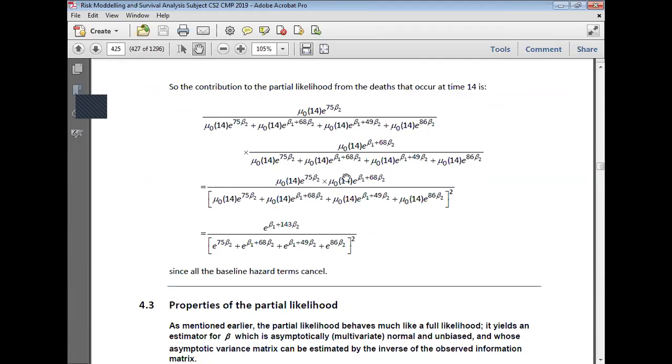Because we are multiplying this and this, you'll have 2 of these baseline hazards, and because we have a square here, you might find it convenient to take this mu014 outside as common and square that, and this will cancel each other out, and you'll be left with this thing. So you see, what happened here is the summation of the covariates of this person who died and this person who died. So this is the same thing that my Breslow assumption is trying to say here.